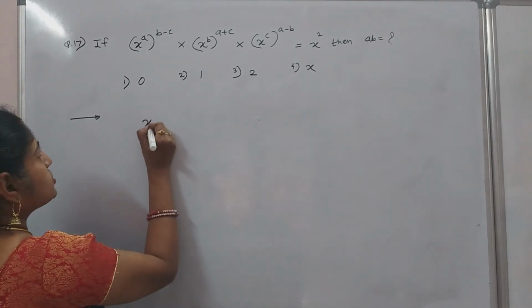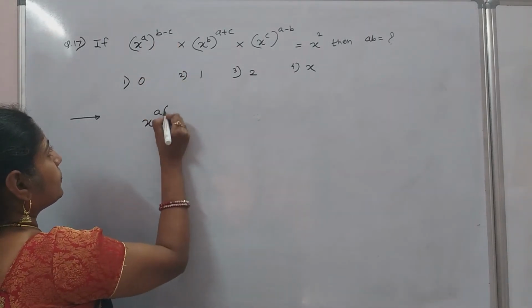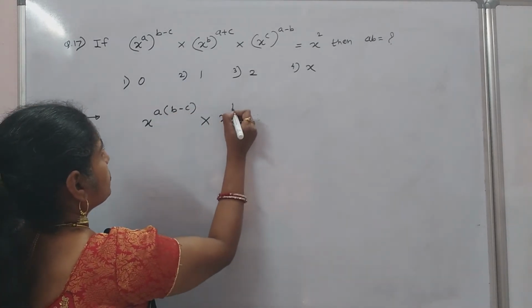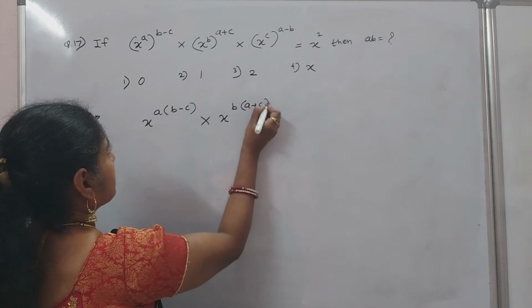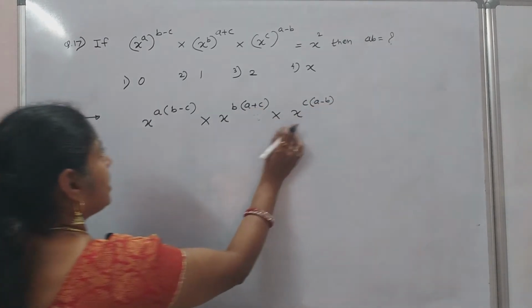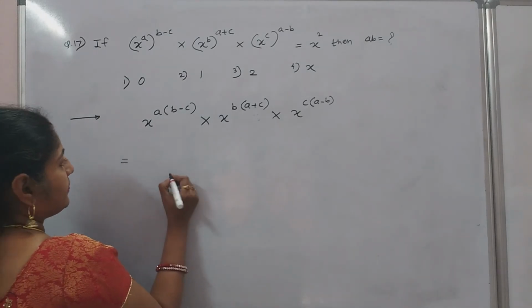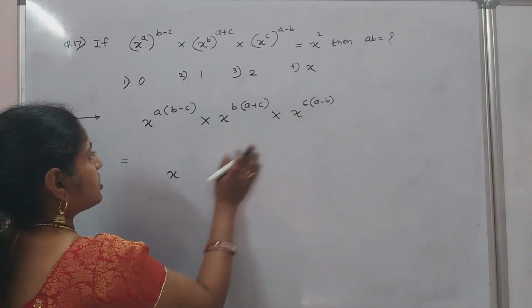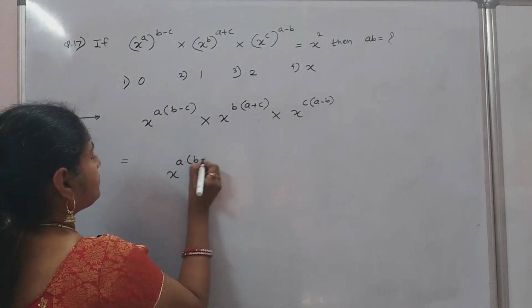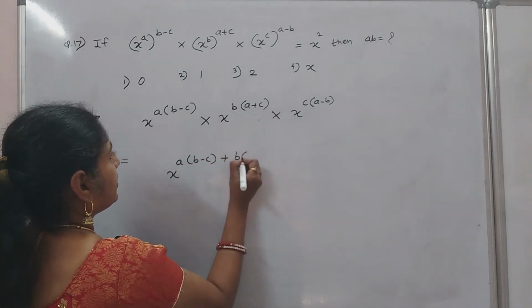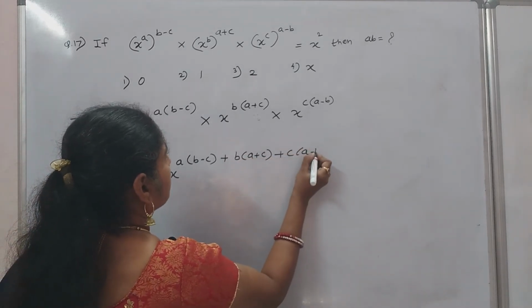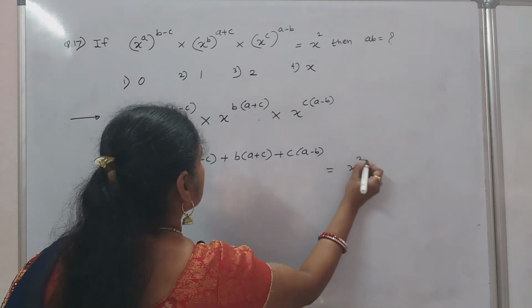So x raised to a into b minus c into x raised to b into a plus c into x raised to c into a minus b. Now x is the equal base and there is multiplication, so add all these indices: a into b minus c plus b into a plus c plus c into a minus b equal to x raised to 2.